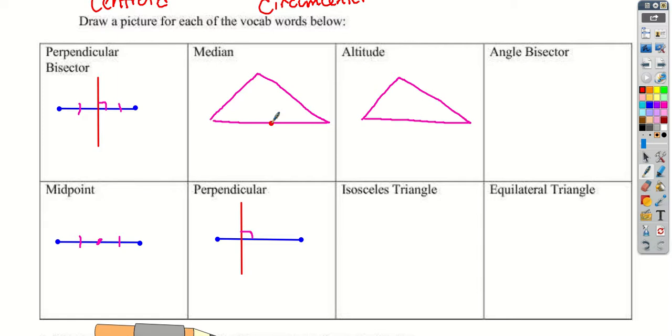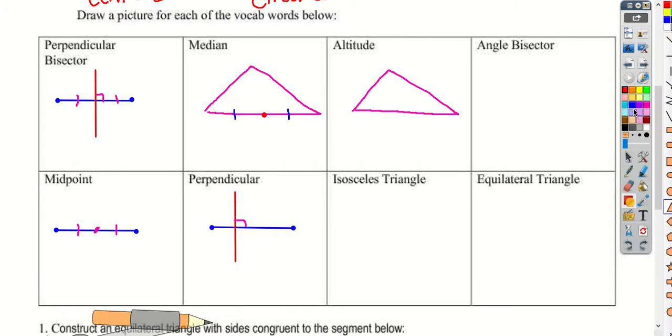So what I want to do is basically locate the midpoint, okay, first, and I'm going to mark that it's the midpoint by indicating that these two segments are equal, and then I'm going to draw a line that connects the vertex here, okay, to the line right across. That's the median.